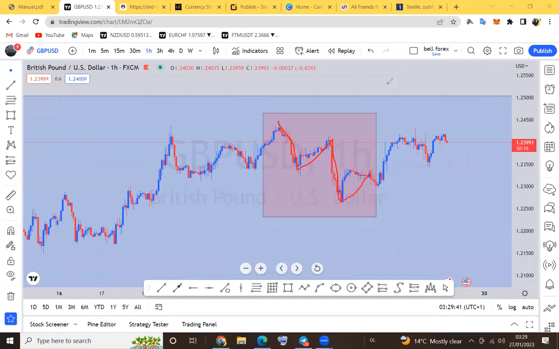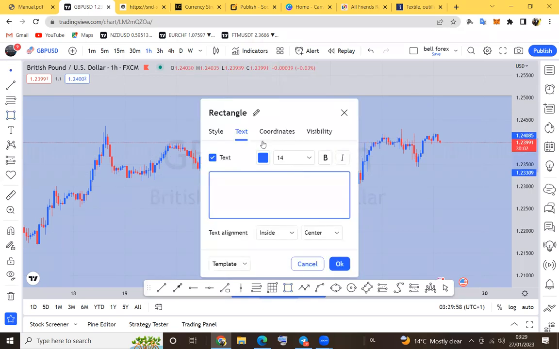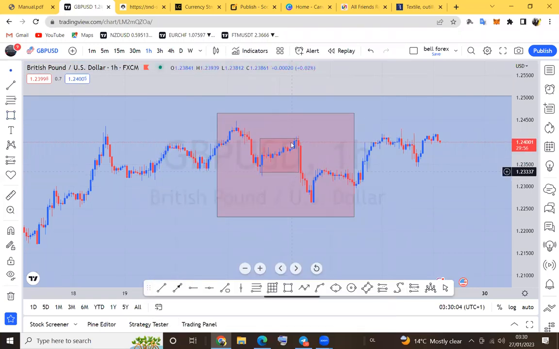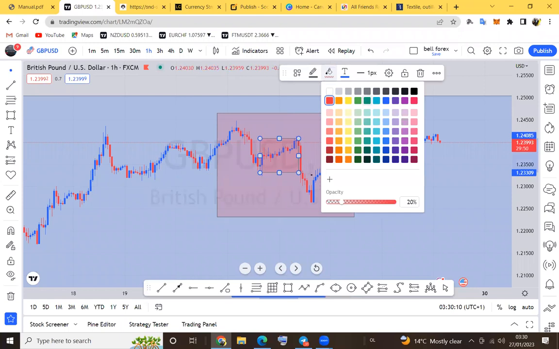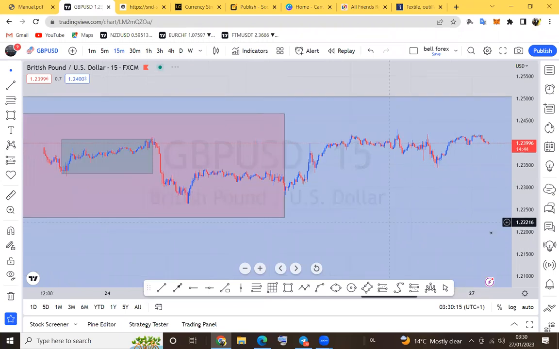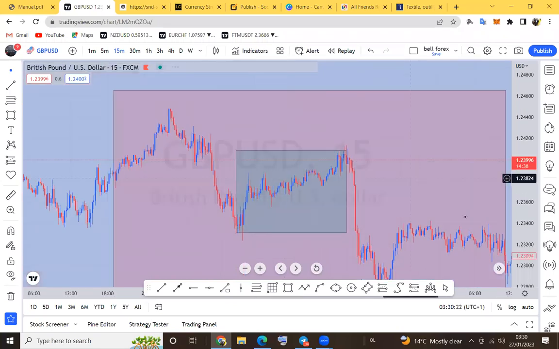and a corrective wave. So if we go inside this 1 hour, for example, and select just one wave inside here, let's say we select just this part, and put the color again to a different color, let's say blue or green, and switch it to a smaller time frame and expatiate that zone, you guys are going to see that it forms again a trend inside the trend.